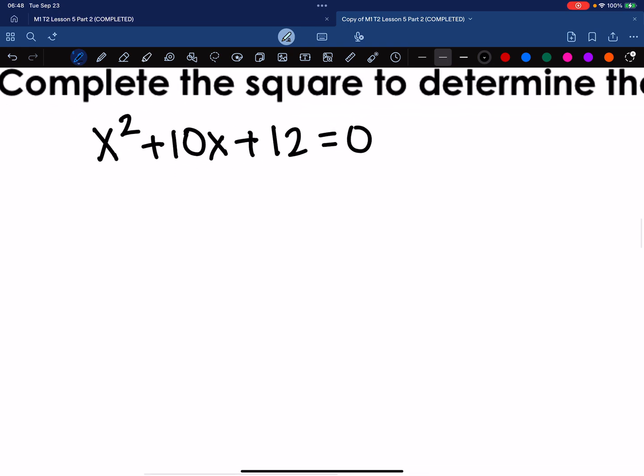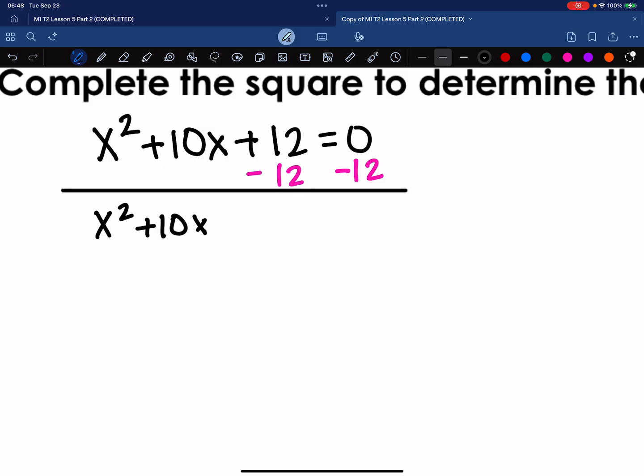So our first step to completing the square is we're going to move this 12 to the other side. Then that gives us x squared plus 10x, and I'm going to leave a little bit of space, equals negative 12. Now we're going to add in spaces. So our original problem was not factorable, so we're going to make it factorable.